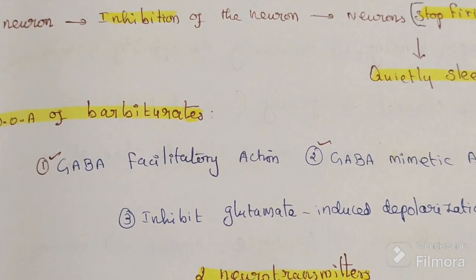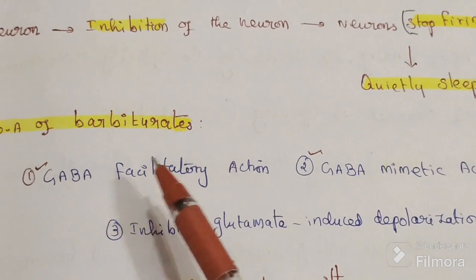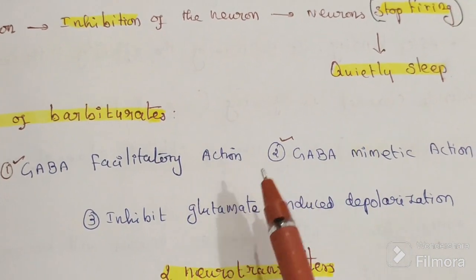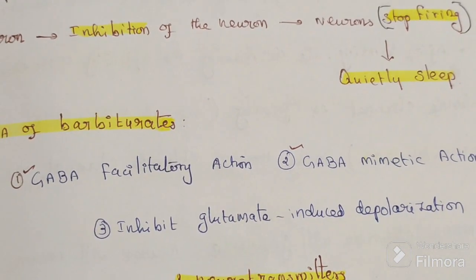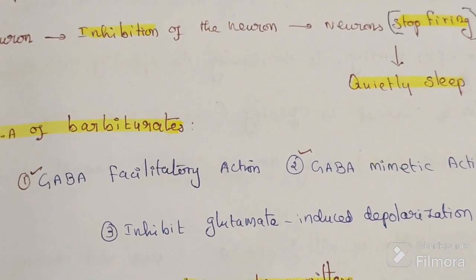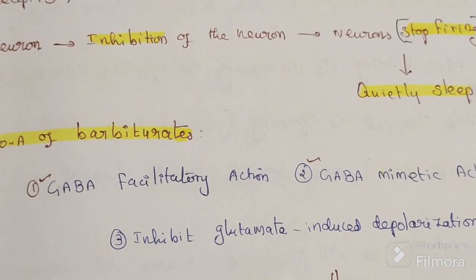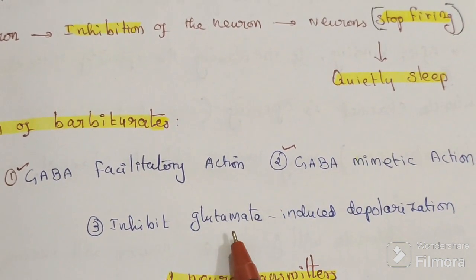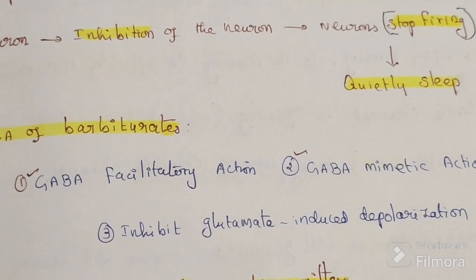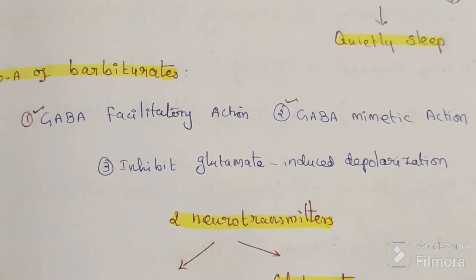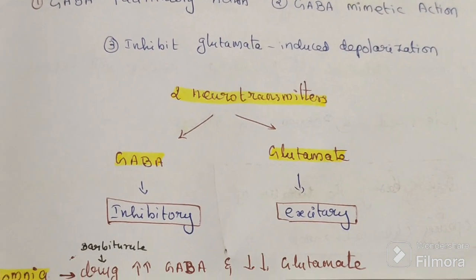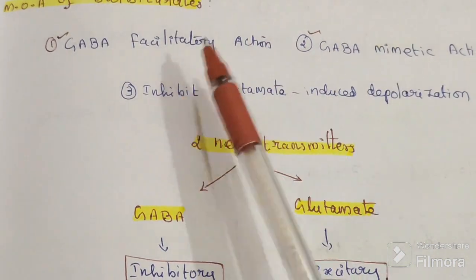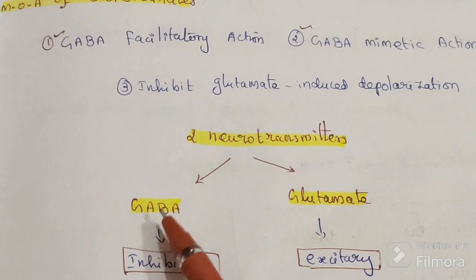So we have two neurotransmitters. We know GABA and glutamate. Both are okay. This one increases that GABA.